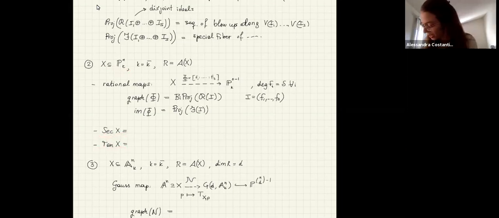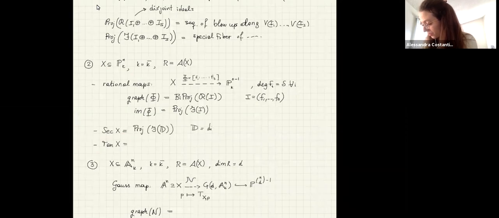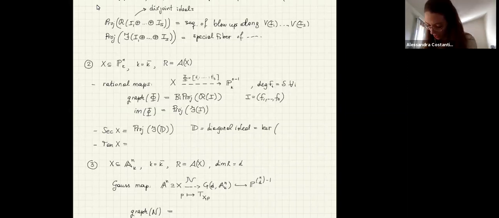So the secant variety is going to be the projective spectrum of the fiber cone of D, where D is what is called the diagonal ideal, which is the kernel of the map from R tensor over K R into R, where R is the coordinate ring of your variety.